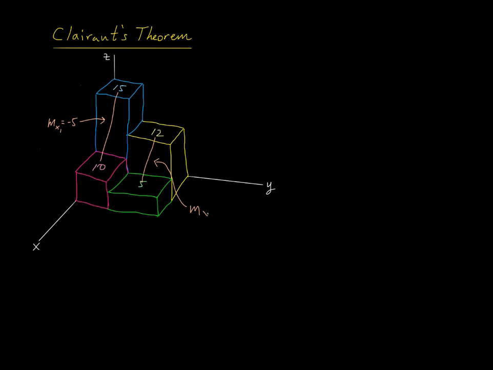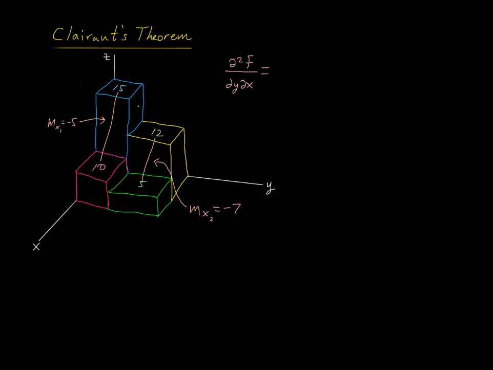My x slope here, I'll call that mx2. And again, just assuming a unit step here, I'm just going to do 5 minus 12, so that'd be minus 7. Okay, so now for the x derivative, what would this be?